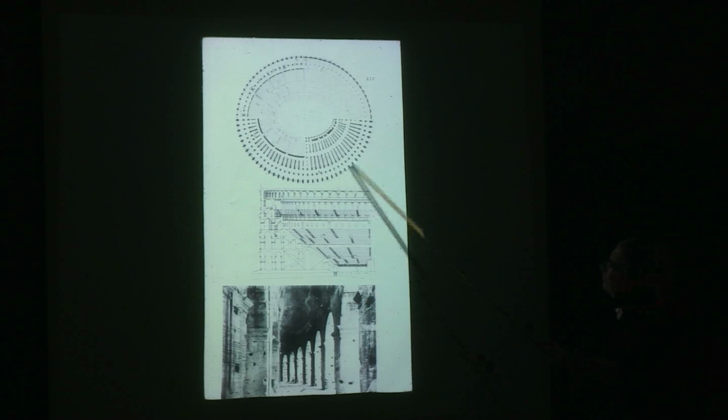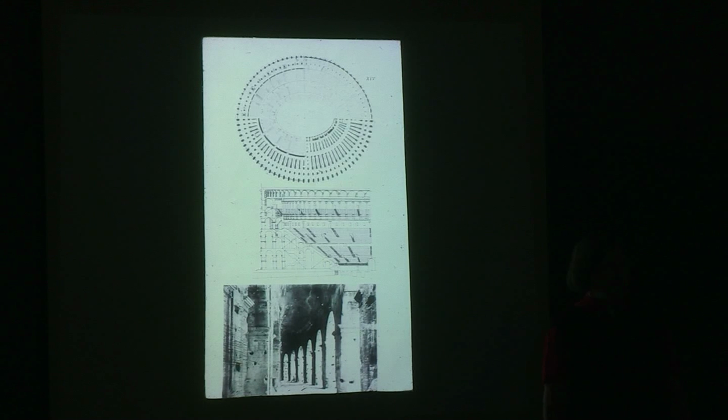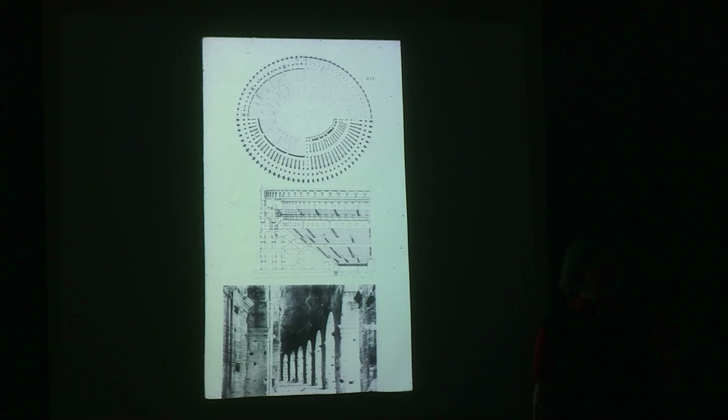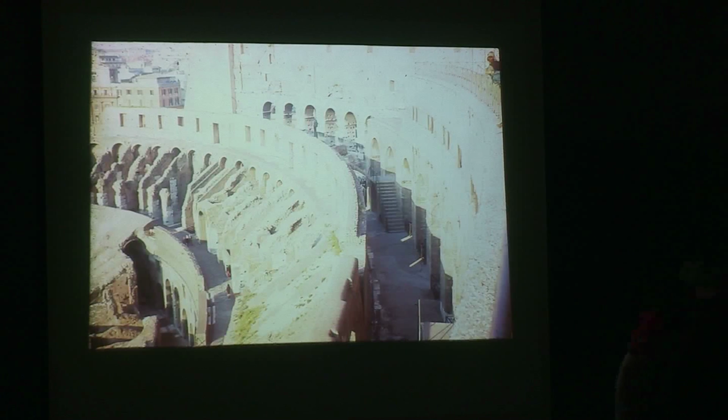In this arrangement, the engineering skill and their sensitivity to the viewing potential within the Colosseum was such that the inclination allowed perfect vision. So it was not too high, it was not too low. Wherever you were seated around the Colosseum, you could see what was going on within the central part of the building in the shows.